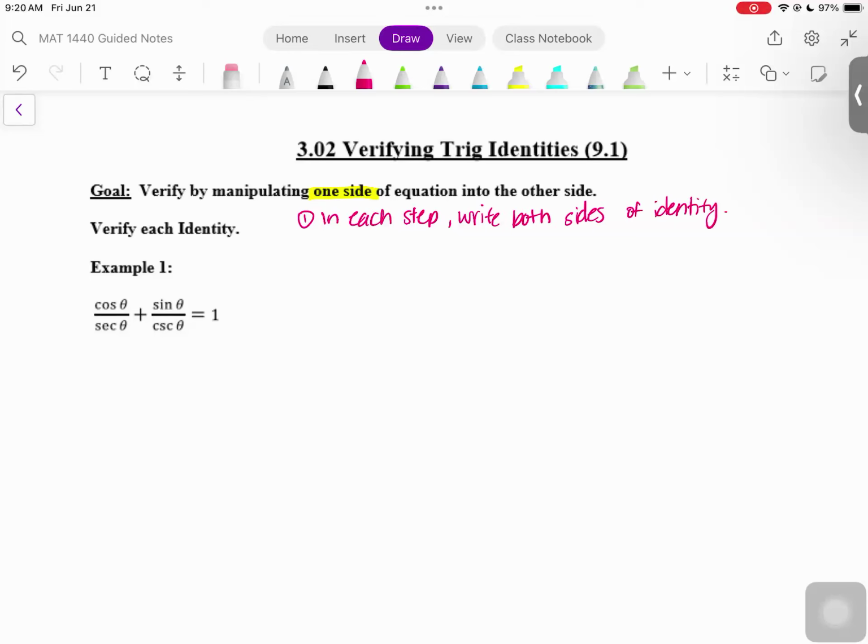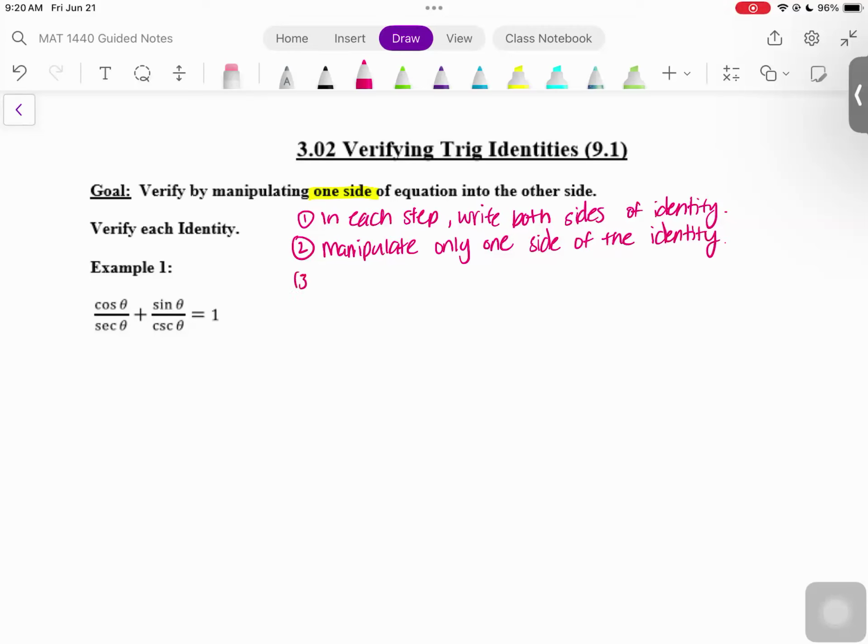In other words, you're going to write both sides of the equal sign. You are only going to manipulate one side of the equal sign, or one side of the identity.